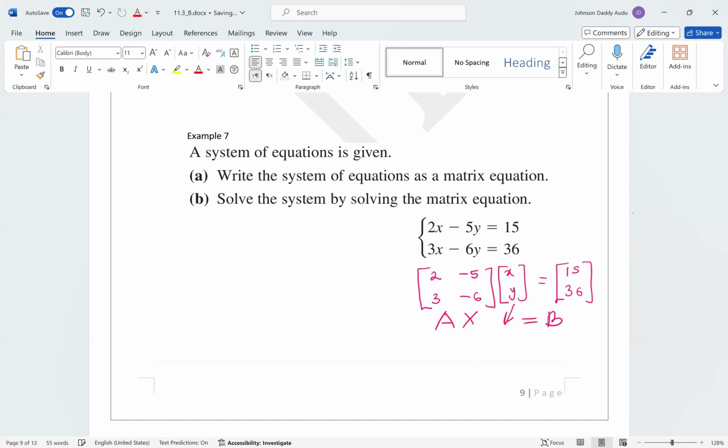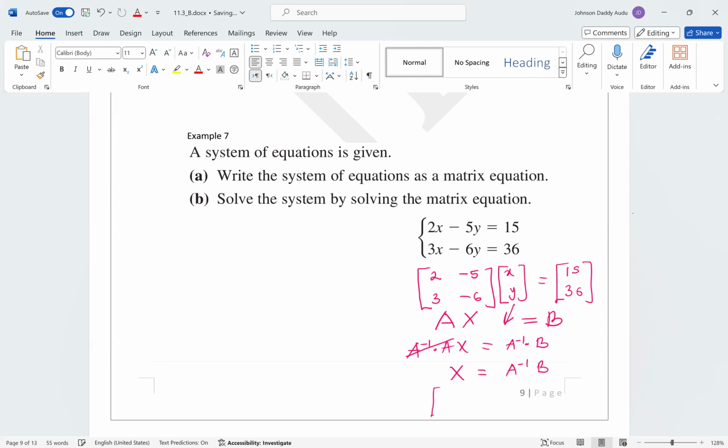You cannot divide by a matrix, right? But you can multiply both sides. So we can multiply both sides by A inverse: A inverse times AX equals A inverse times B. So this A inverse and A give you identity. So you just have X, which equals A inverse times B.